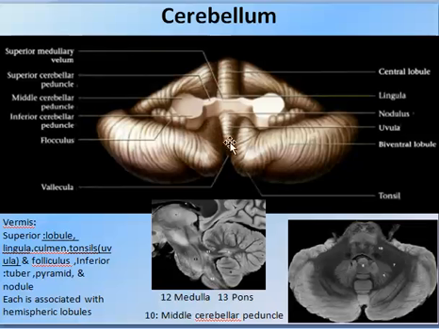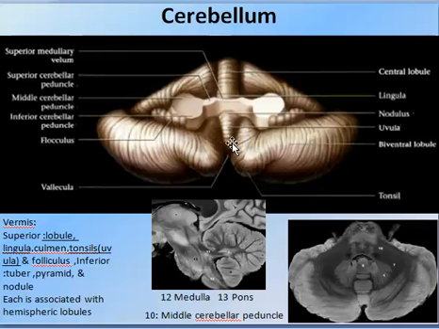This middle part is called the vermis and is composed of lobule, followed by lingula, followed by nodulus or nodule, and ends with the uvula, and the uvula extends to the tonsils.